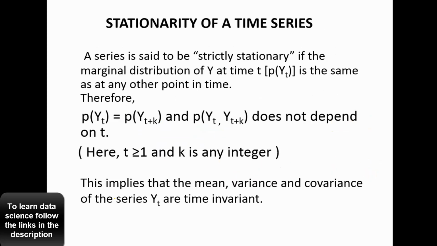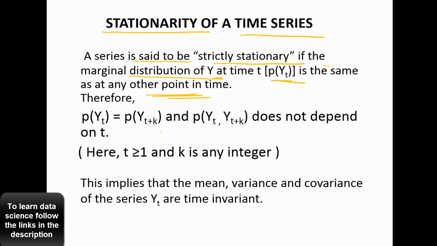Alright. Now we introduce a very important terminology known as stationarity of a time series model. A time series is said to be stationary if the marginal distribution of Y at any time period is the same as at other points. Slightly difficult to understand, so I'll make it a little easier.